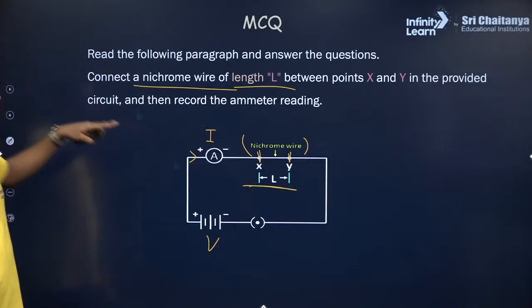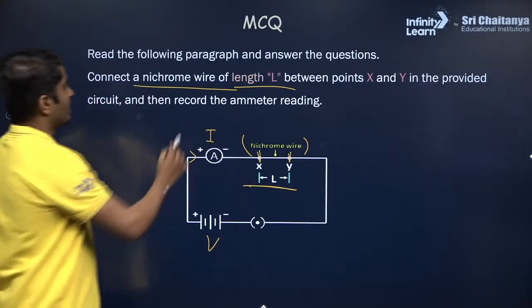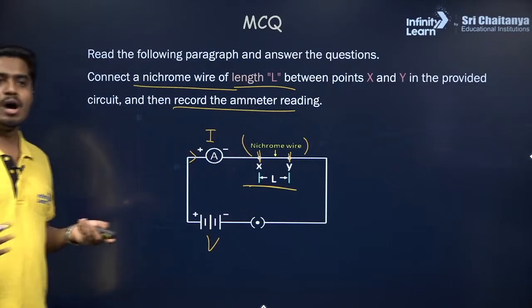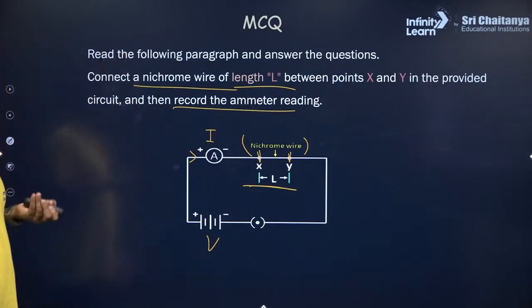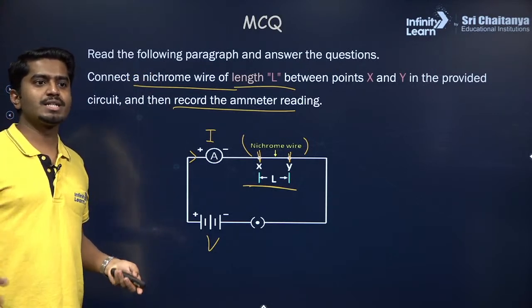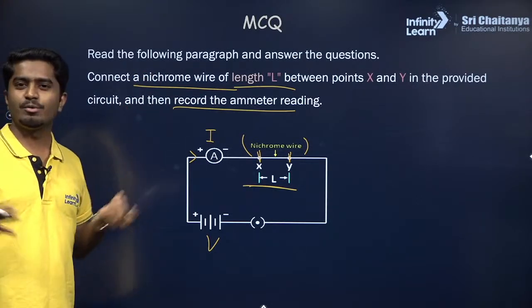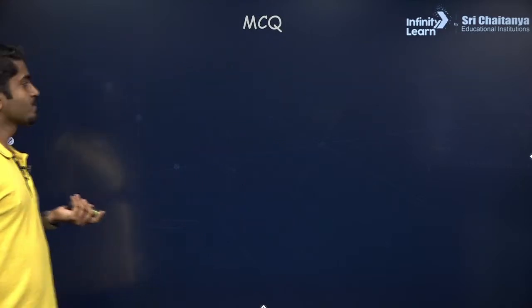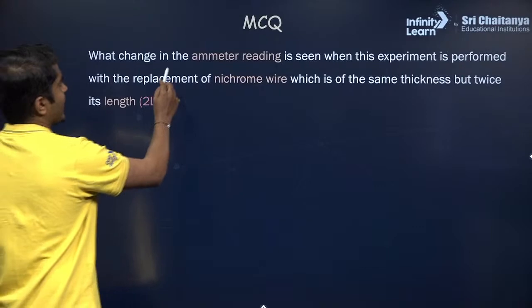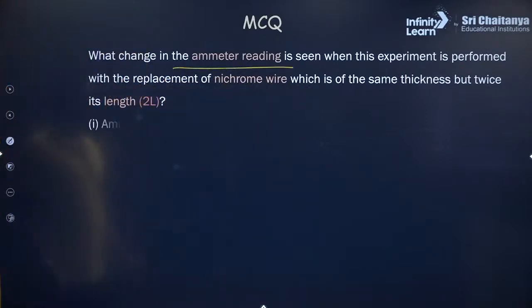So the ammeter will record the current values. This was actually a 5-mark question, but I have removed a couple of questions, so there would maybe be only 2 or 3 questions. What change in ammeter reading is seen?